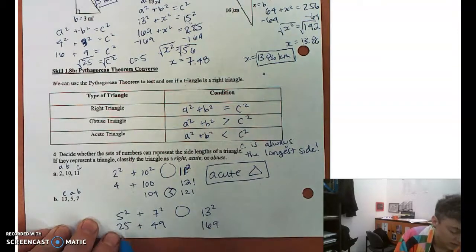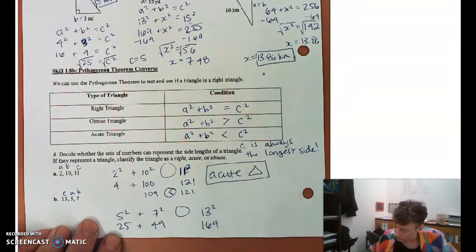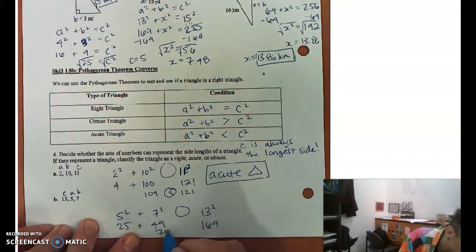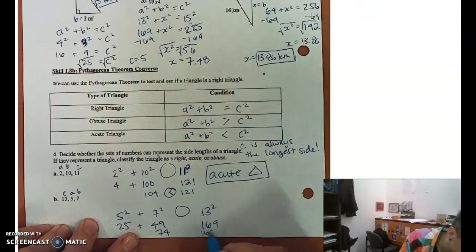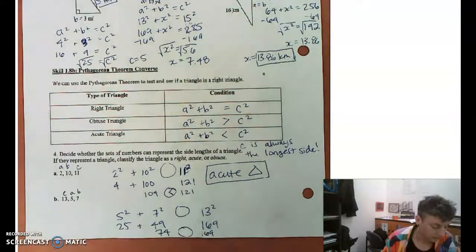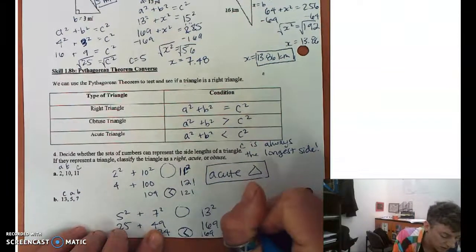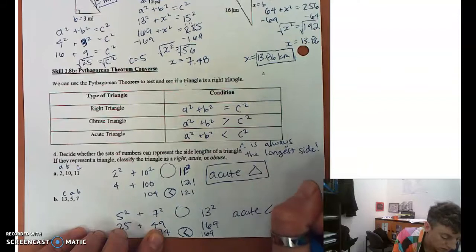If we add these up, 25 and 49, I'm going to use my handy dandy calculator, 74. And 169, what sign goes in there? 169 is definitely bigger. So that's also an acute triangle.